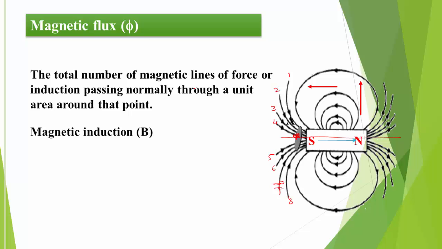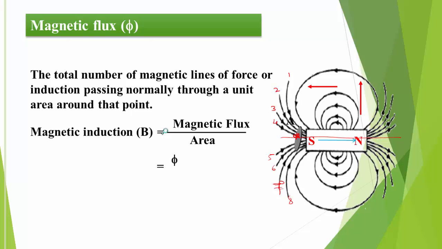Magnetic induction is mathematically denoted by the symbol B, and it is the ratio of magnetic flux to the area. The magnetic flux per unit area is called magnetic induction.